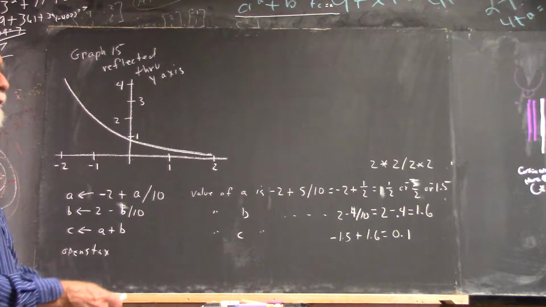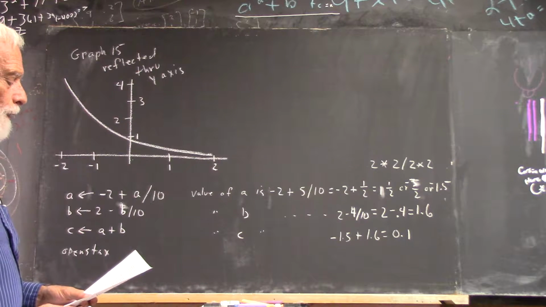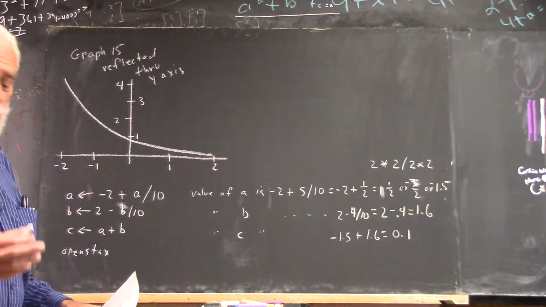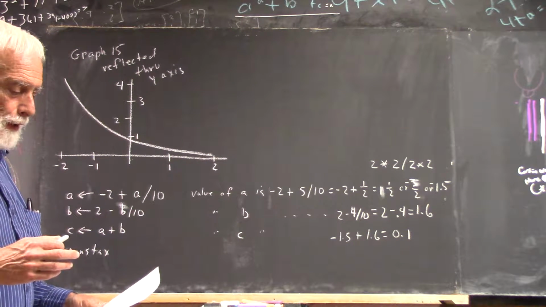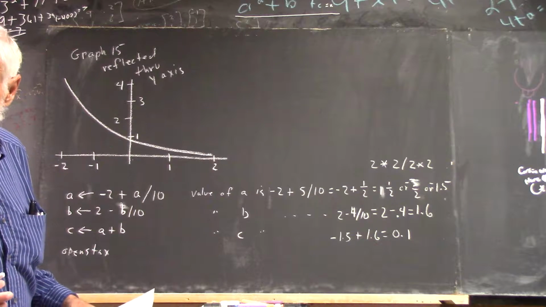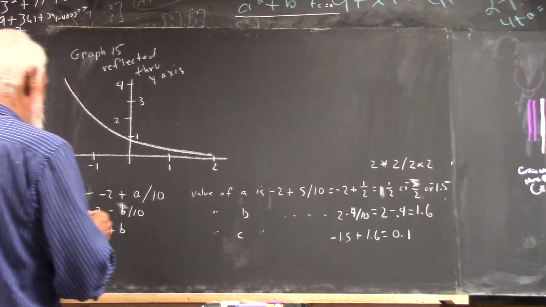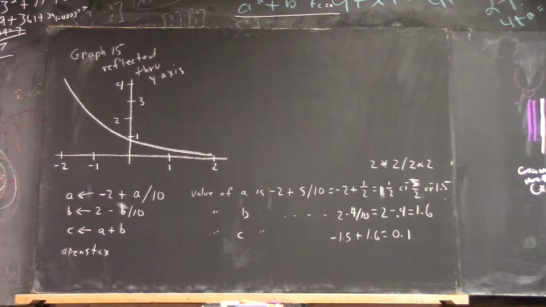Okay, now the first question is, what are the y-coordinates of the points on the curve for which x equals the a variable and for which x equals the b variable, right? Okay, so when x equals the a variable, what's the value of x? In my case, it's -1.5, right?